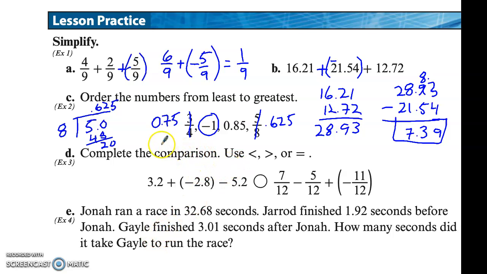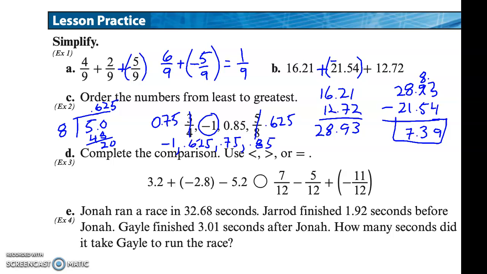So this is going to be -1, 0.625, 0.75, and then 0.85. All right. So from least to greatest. And if you wanted to rewrite those with the actual fractions, you could do that too. But if you want to leave them as decimals, totally fine with that.